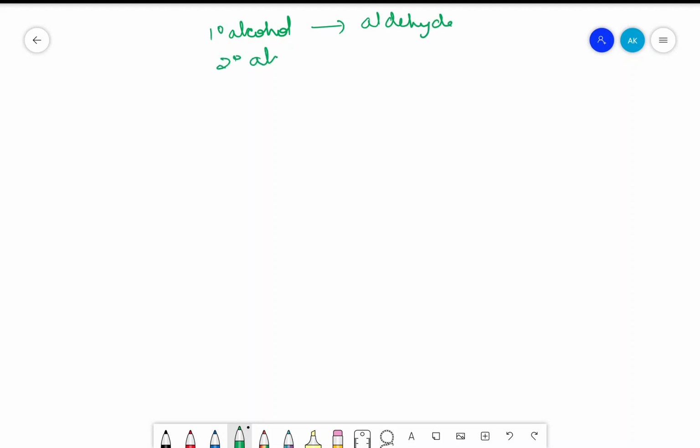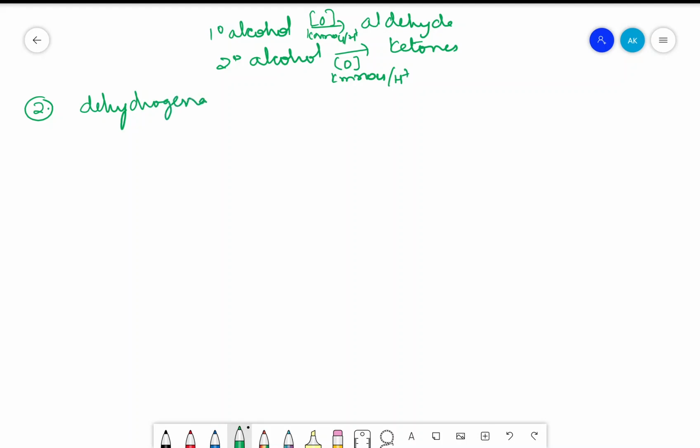Secondary alcohols can give us ketones, when they undergo controlled oxidation in the presence of KMnO4, K2Cr2O7 and H plus, acidic medium. In the same way, the second method of preparation is dehydrogenation of alcohol, removal of hydrogen.